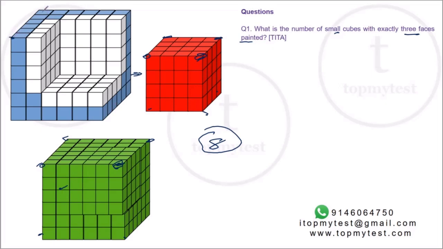So you'll have 1, 2, 3, 4, 5, 6, and 1 at the back. So plus 7 more, right? Any other cubes which have corners exposed? Yes. If you look at this cube, this has 3 faces exposed. This cube will have 3 faces exposed. This cube will have 3 faces exposed. So another 3. So 8 plus 7, 15, 15 plus 3, 18 will be your correct choice. 18 will be your correct answer.